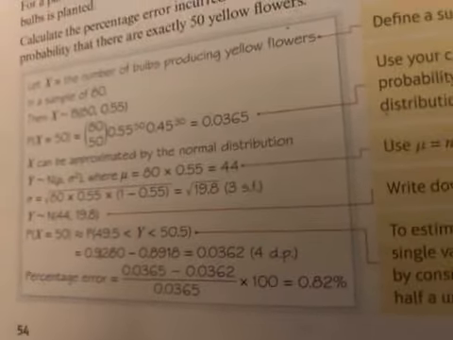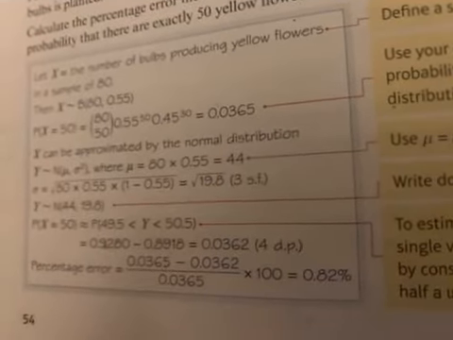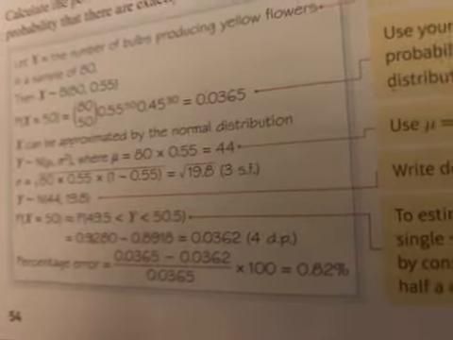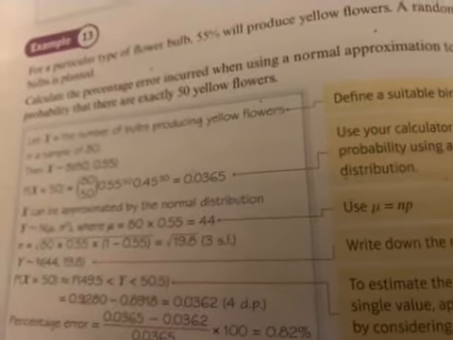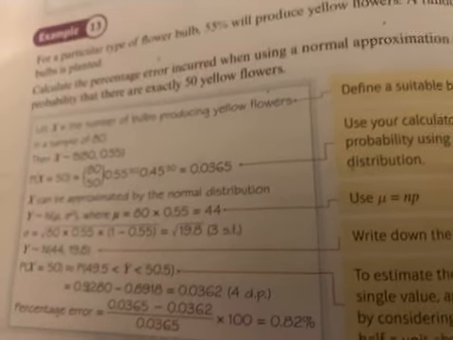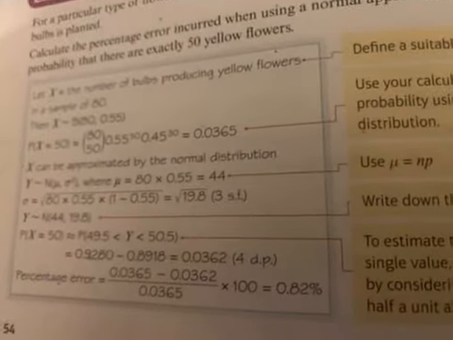So that gives you a range, doesn't it? It's not just one number, it's the range from 49.5 to 50.5, which is what they've done the normal distribution on. So that's why you can give an actual number value for exactly 50, even though I told you in the past you couldn't do that for an exact value for a normal distribution.